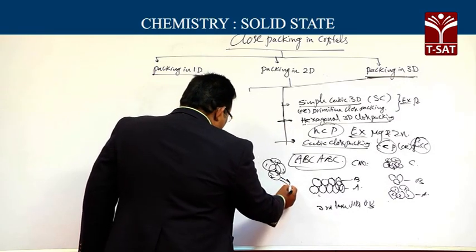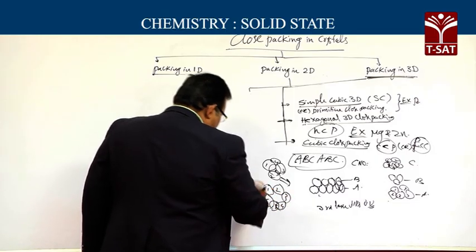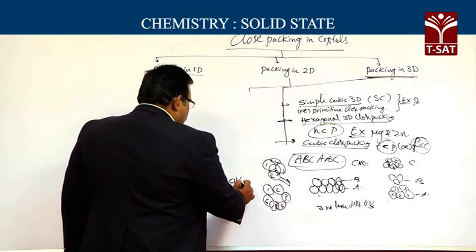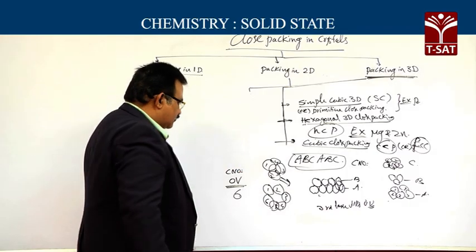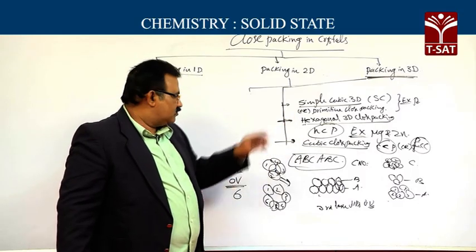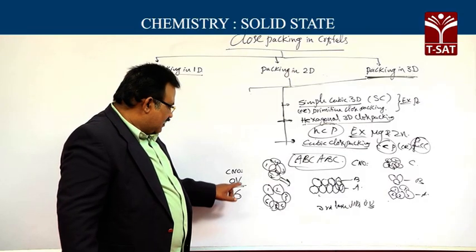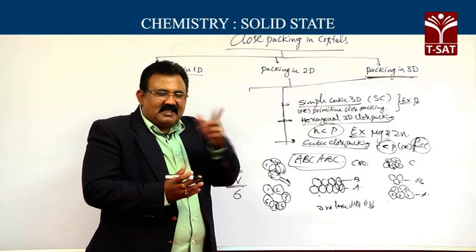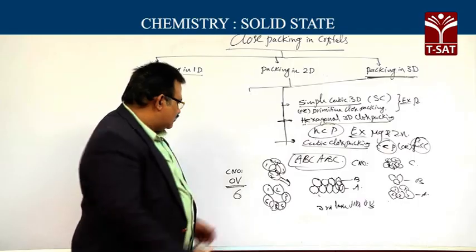In single dimension we can write 1, 2, 3, 4, 5, 6. The coordination number of octahedral void is 6, not 8. Coordination number of tetrahedral void here formed is 4. Coordination number of octahedral void is 6. That means 6 spheres when come close to one another, then the empty space will be like octahedral.